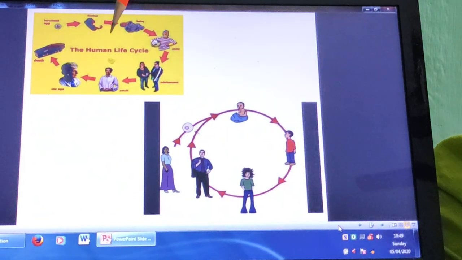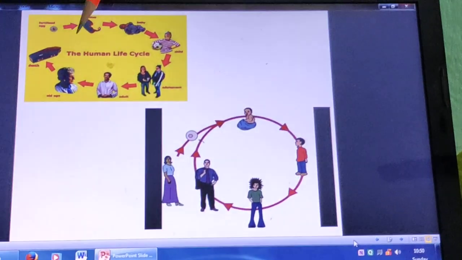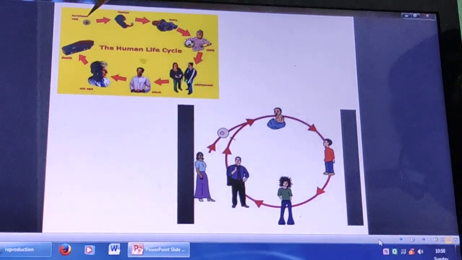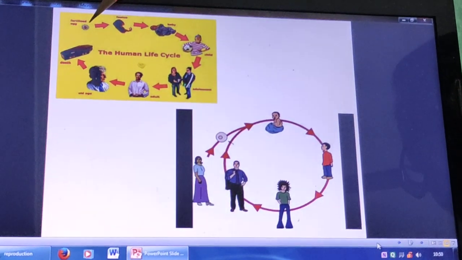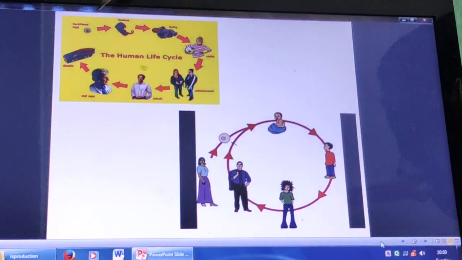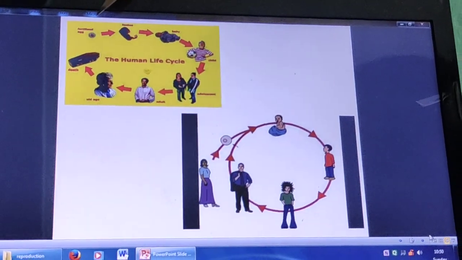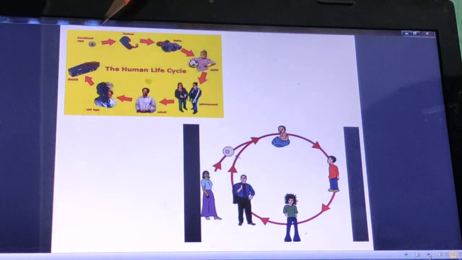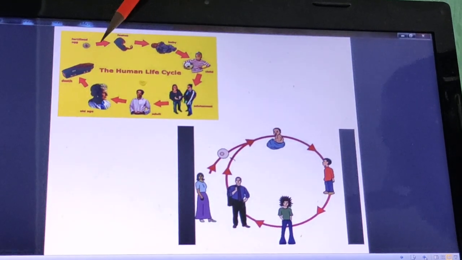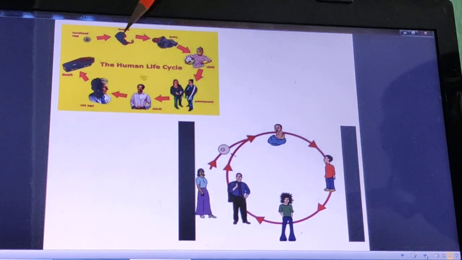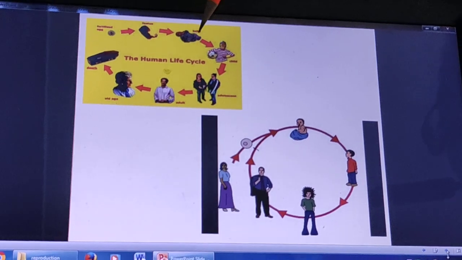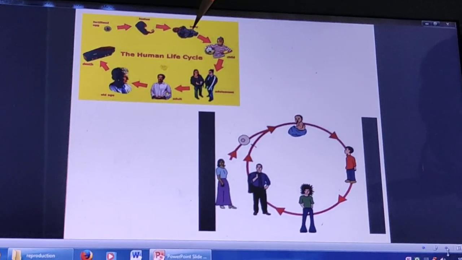So here you see these two pictures. In this picture you see the fertilized egg, that means this is the zygote, right? So this zygote develops to the fetus, and this fetus develops and takes birth as a baby.